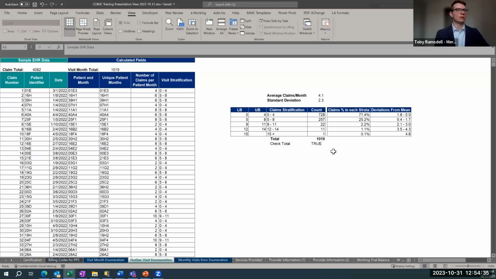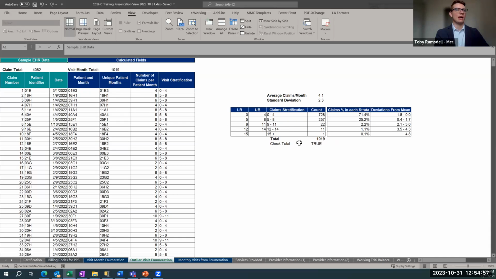And then, as I showed you in the PowerPoint walkthrough, you can enumerate visits based on this data. So counting my unique patient months, I know I have 1,019 unique patient visits based on these unique patient months. So that will be my standard population visits.